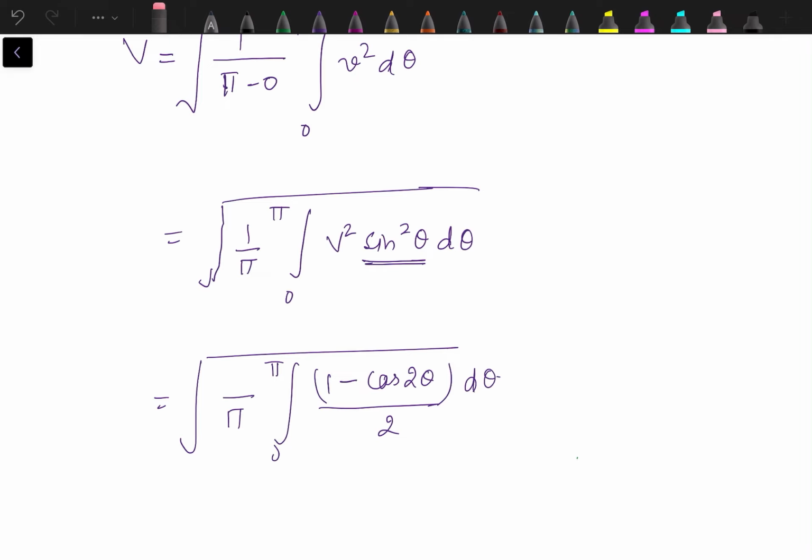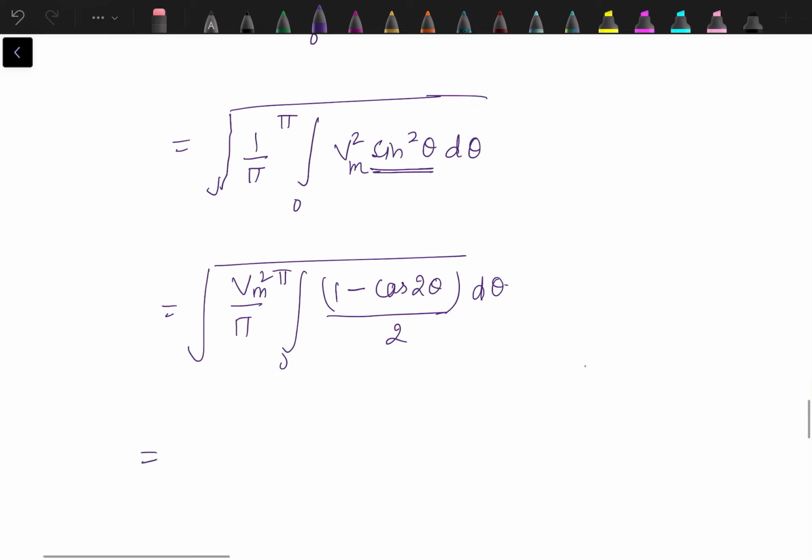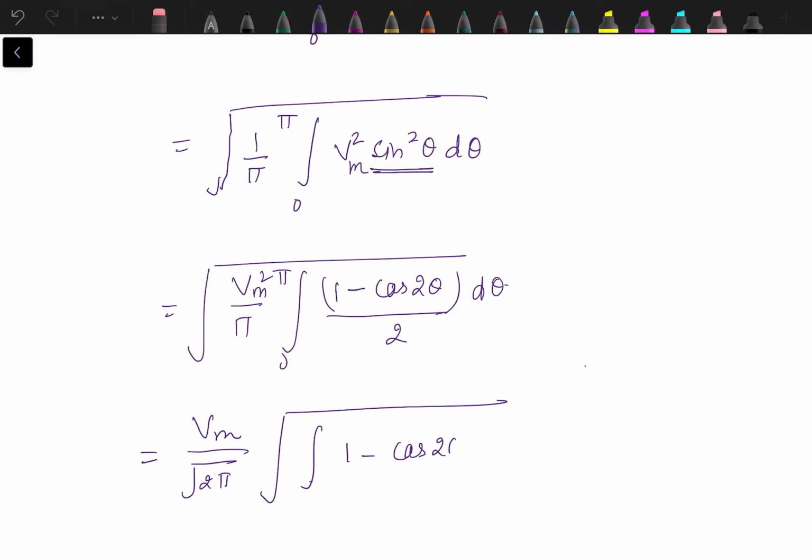Taking Vm square outside the square root, in the denominator we will have root 2 into pi, and then under the root we will have the integration of 1 minus cos of 2 theta d theta. Integration limits are from 0 to pi.